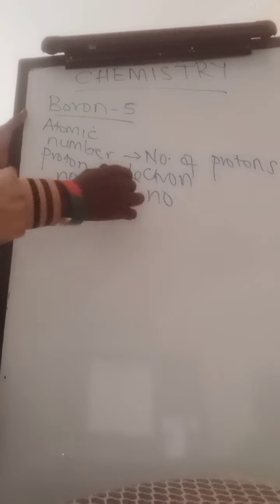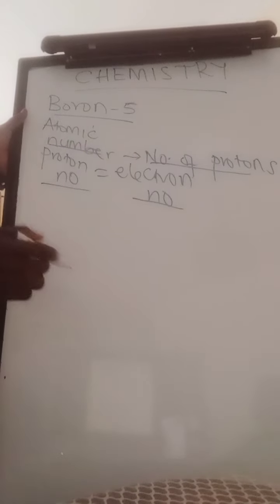So the atomic number of an element is the same as the number of protons. And in any atom of an element, the proton number is always equal to the electron number. That's why an atom is always neutral. An atom is electrically neutral.